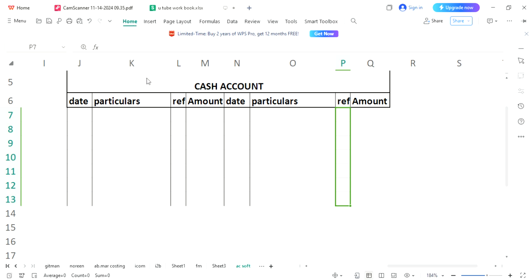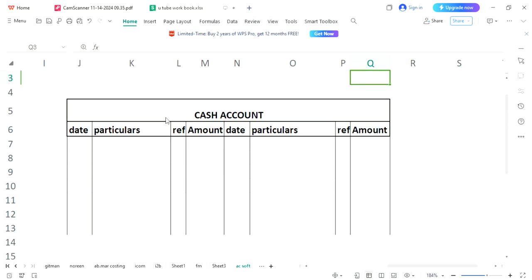All these lines depend entirely upon the headings, which is why you put your headings first. So guys, in this way our process of putting lines has been completed. This would be the shape of the ledger that you will make.